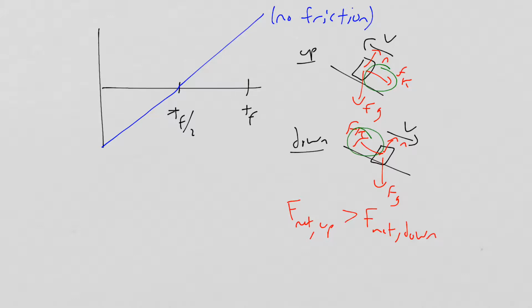And since this tells us a relationship between forces, but the mass never changed, then A up has to be greater than A down, right? And that, on the velocity graph, is a slope. So, what does it have to look like now?